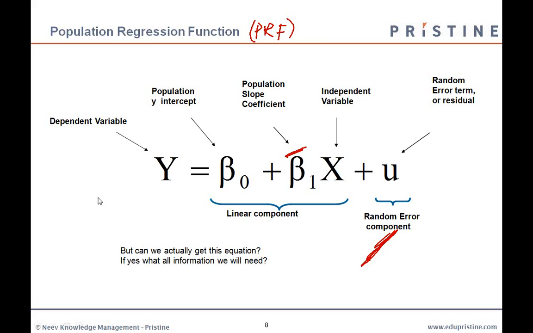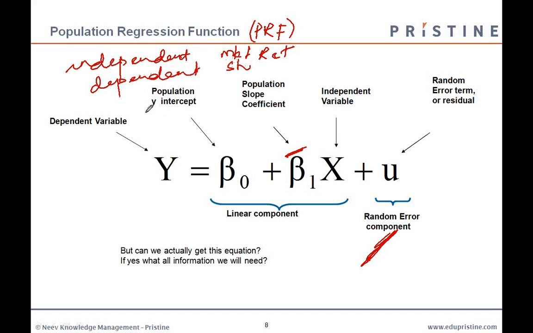Abhinav has a question: is CAPM also an example for regression? Yes, CAPM is also an example for regression. In particular, what is your independent variable, what is your dependent variable? Your independent variable in a CAPM equation is market returns, and your dependent variable is particular stock returns.